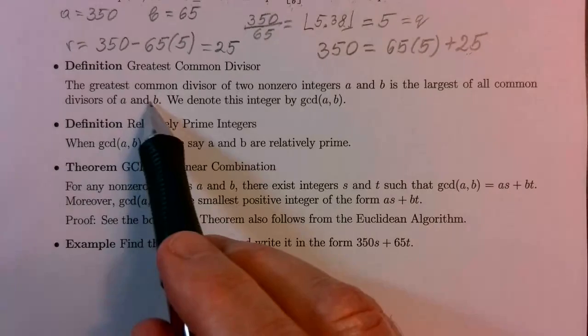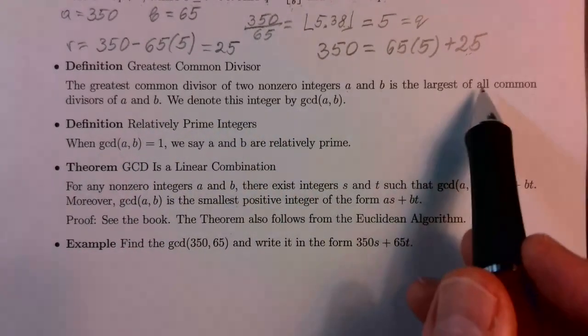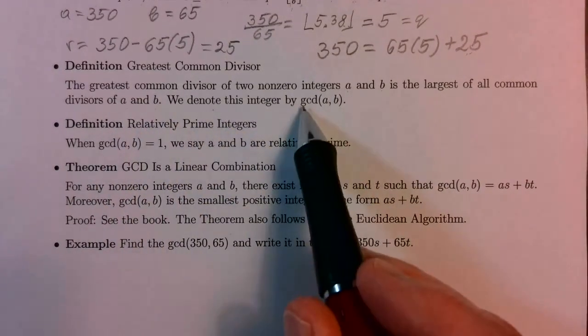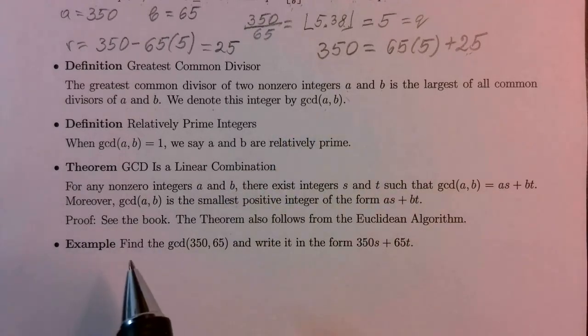Definition: the greatest common divisor of two integers a and b is the largest of all common divisors of a and b. We denote it this way: GCD of a, b.